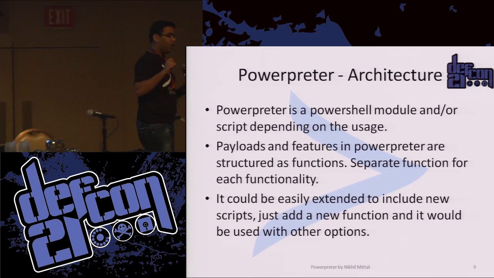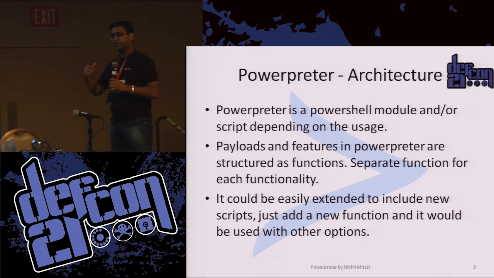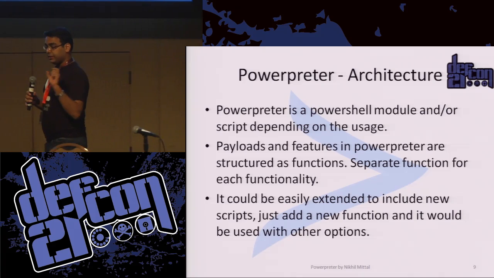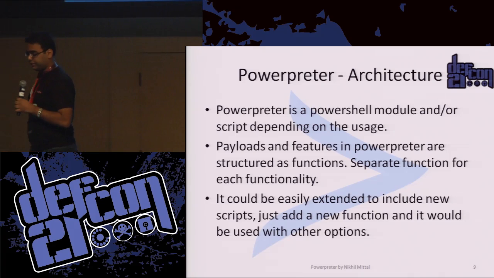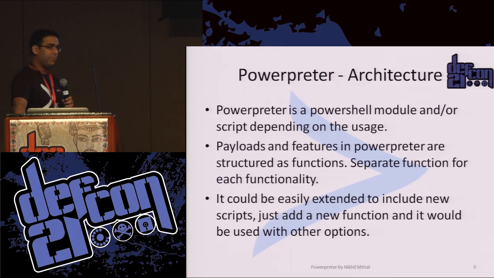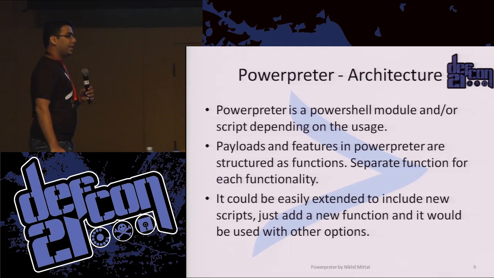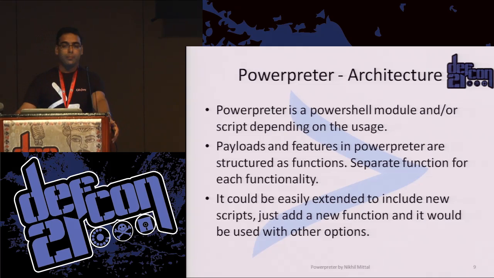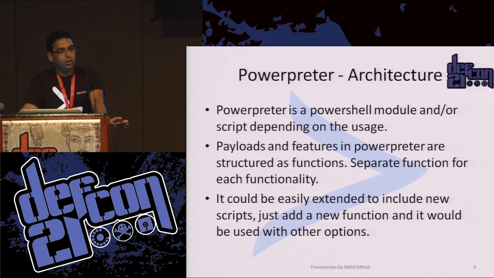How PowerPreter is designed is, if you rename a file to PS1, which is the default extension for PowerShell scripts, it could be used as a PowerShell script. And if you rename it as PSM1, then it's a PowerShell module. Payloads and features are all divided into different functions.